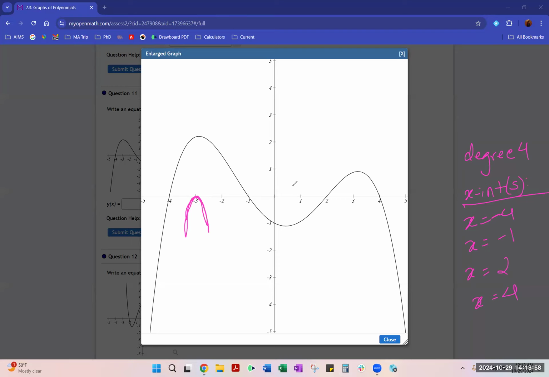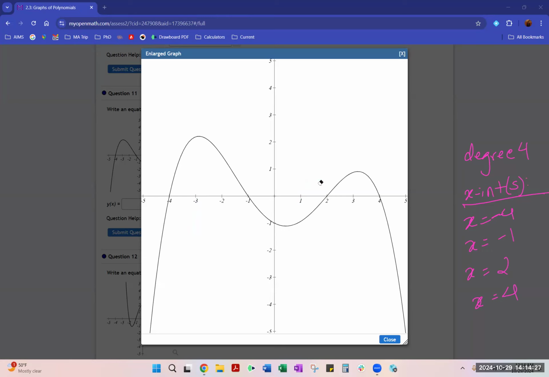So, if instead of crossing, it would just touch the x-axis at that point, but it would not actually physically cross the x-axis, in that case, we would say the factors associated with those intercepts would be raised to the even power, not necessarily second, to the even power, or we would basically say it has an even multiplicity. But that's not the case in this example, since it's crossing at all 4 x-intercepts.